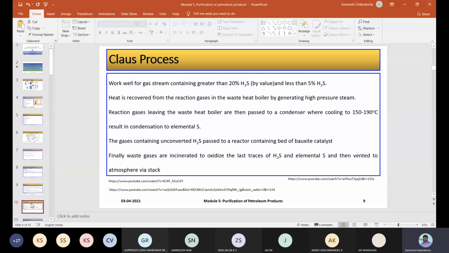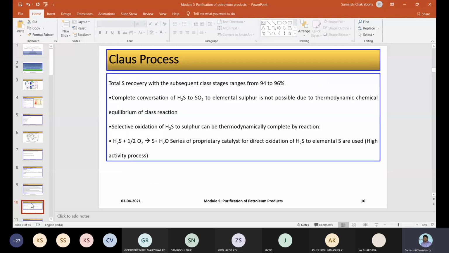After the sulfur recovery, that elemental sulfur, as I have already told you, you can utilize for other purposes like the rubber vulcanization process. Total sulfur recovery using the subsequent Claus stages ranges between 94 to 96 percent, which is very good.